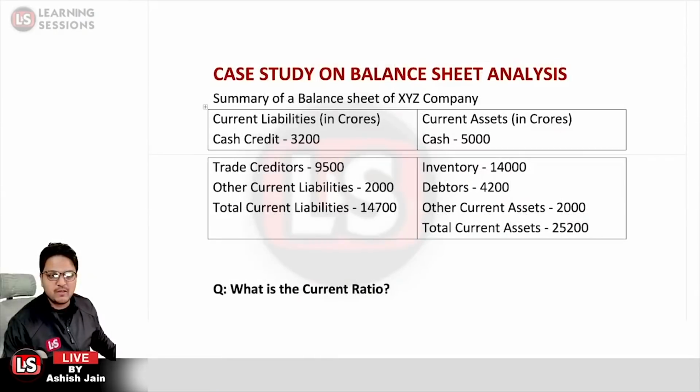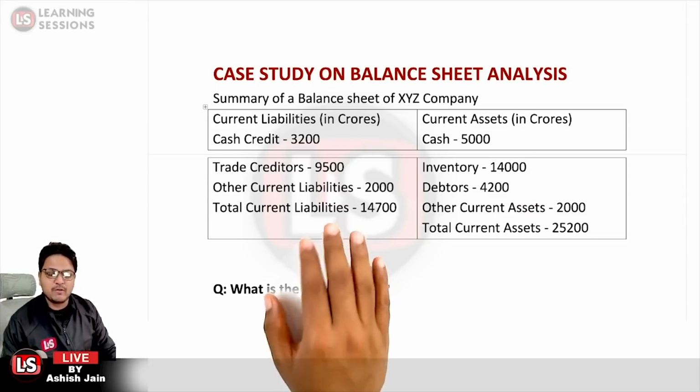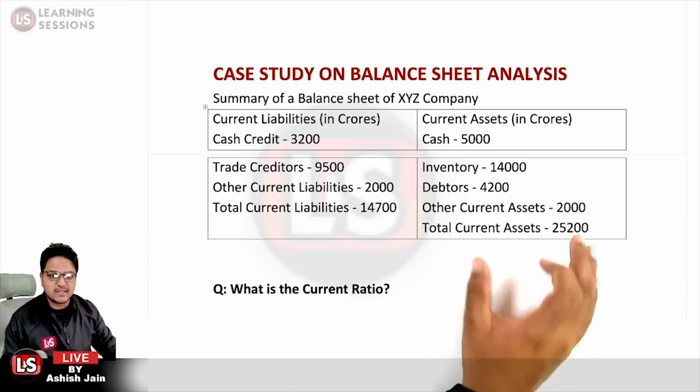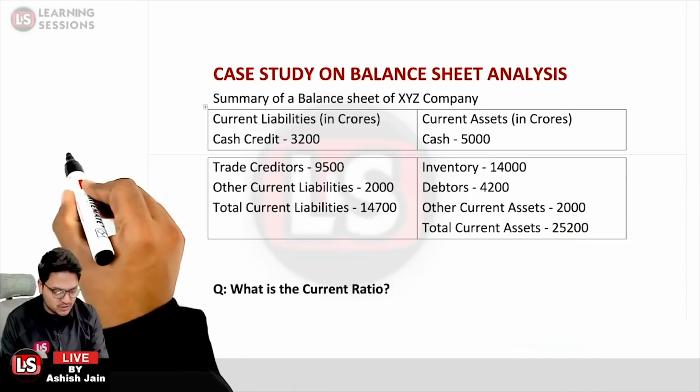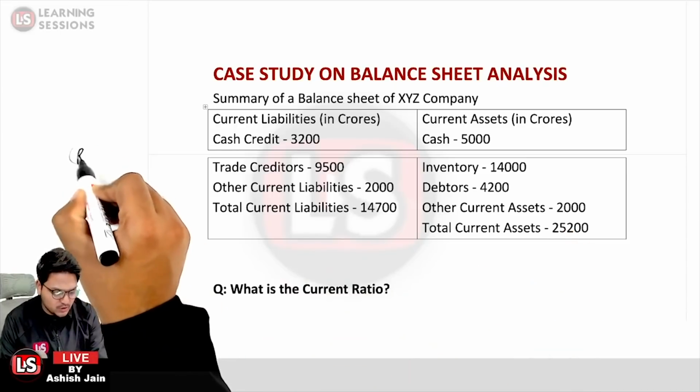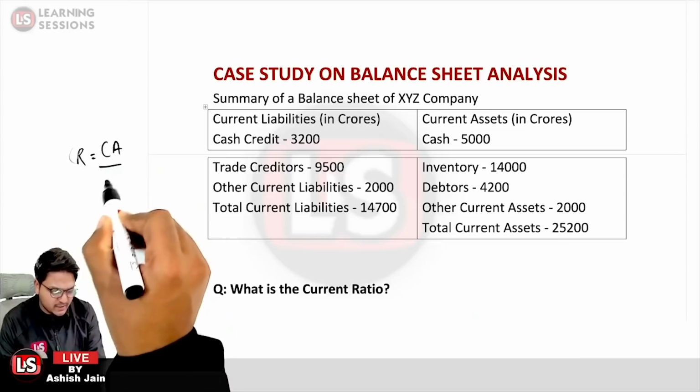So over here we are provided with the data related to the XYZ company, balance sheet of the XYZ company, and as per the first question we need to calculate the current ratio. We are provided with the current liabilities and the current assets, and current ratio is quite simple, that is equal to the current assets divided by the current liabilities.